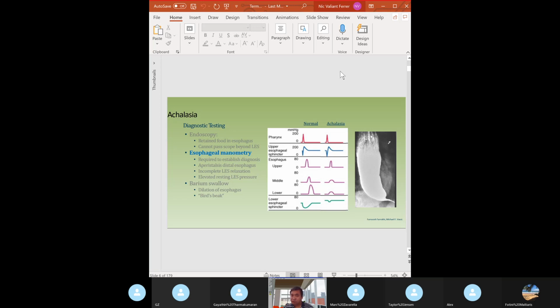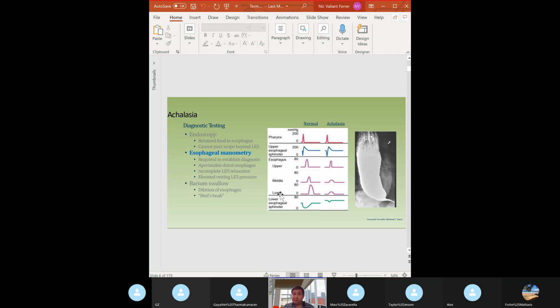So what happens to the pressure? If there's no peristalsis, there's an incomplete relaxation. Your LES is always clamped. What do you think happens to the pressure? It increases. Right? So let's look at the manometry here. You have a normal and achalasia. Pharynx, there's nothing wrong. Upper esophageal sphincter, there's nothing wrong. Let's look at the esophagus. They divide it into three: upper, middle, lower.